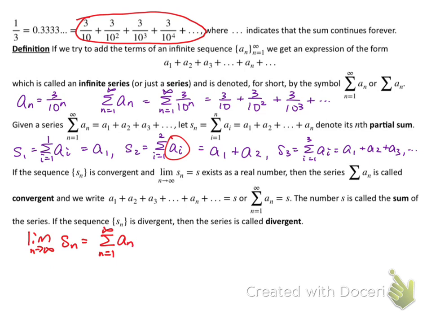They are the same. So this is a sequence, right? We have already defined that. If this sequence converges to a number, then our series is convergent. And if the limit of S_n diverges to infinity, our series diverges to infinity the same way.